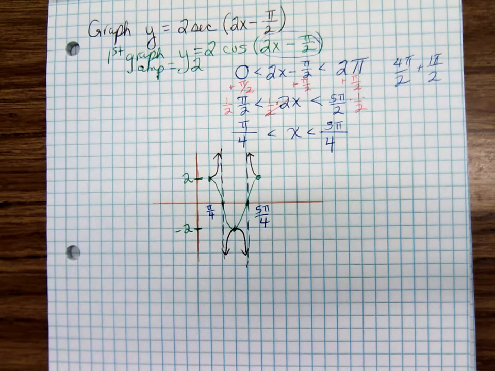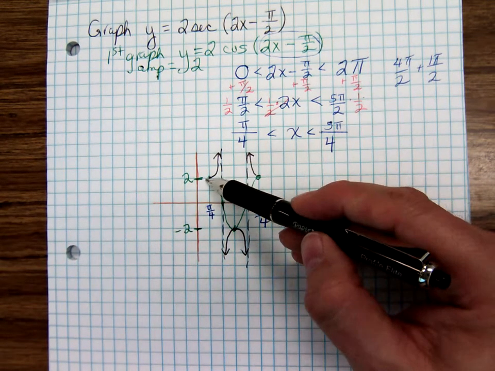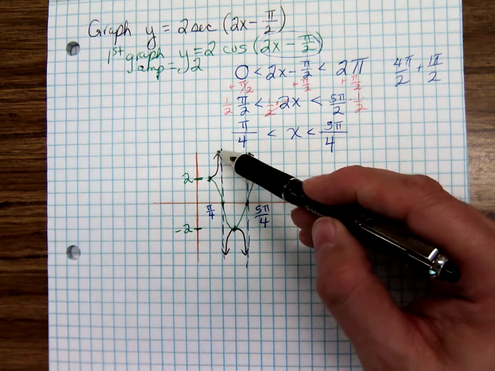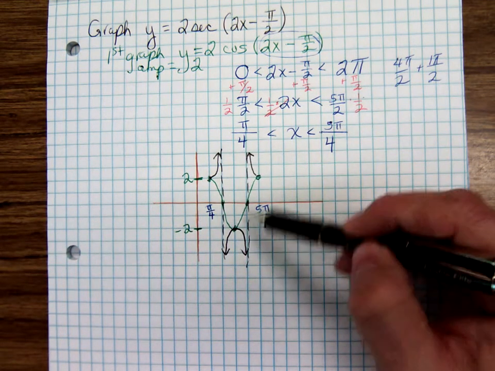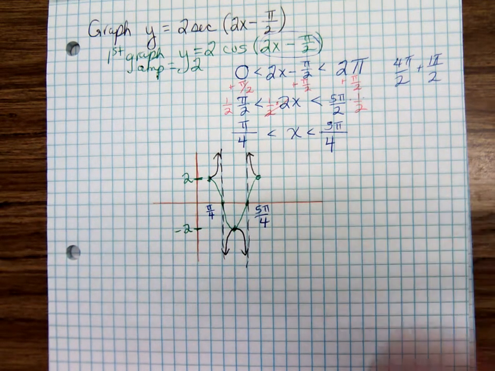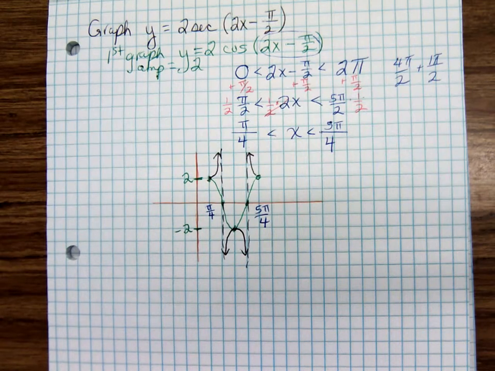Now, can y'all tell the difference between the green and the black? The green stuff is not the graph of secant, it's the graph of cosine. So the answer here is these little half U-shaped curves and the vertical asymptotes. For my math lab, sometimes they'll show the vertical asymptotes, sometimes they won't.